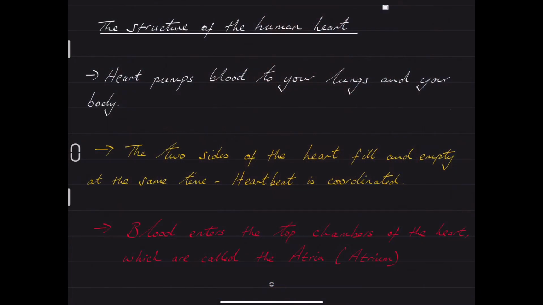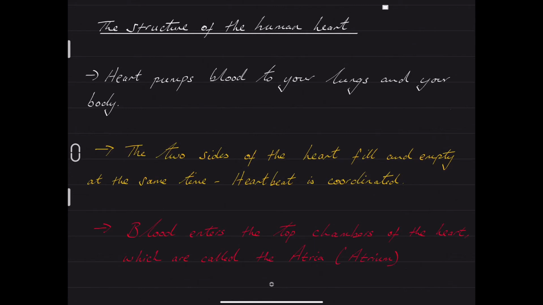So now we're just going to put a few notes down for the structure of the heart and how it actually beats. So can you take down this point here? Heart pumps blood to your lungs and your body. So the heart is pumping blood to your lungs and to your body. So that's the primary function. Now there are two sides of the heart that fill and empty at the same time.